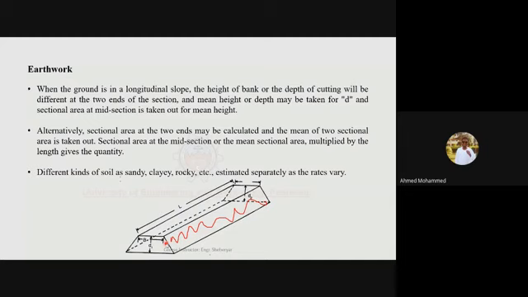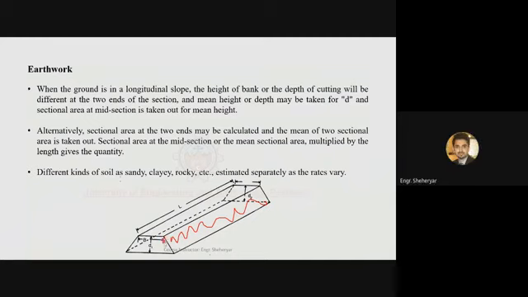Sir, first you have to find the hypotenuse length and then multiply it with the length of the road segment. It comes out like 447.2. Now, how will I find the hypotenuse length? Meaning 1 square plus 2 square, take a square root of it.